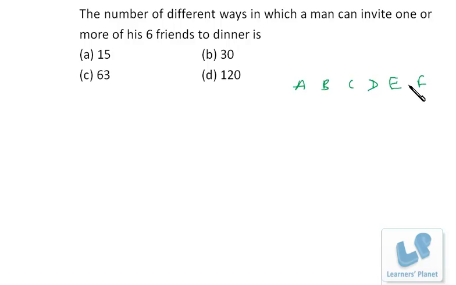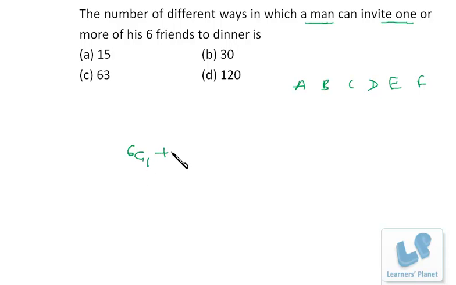Now how do we approach this problem? See, he has various ways. First of all, we take the case when he is inviting just one person, because at least he has to invite one person. So out of 6, he has to select 1. So it's 6C1, right? That means he is inviting just one person.